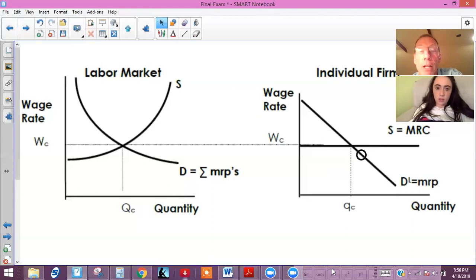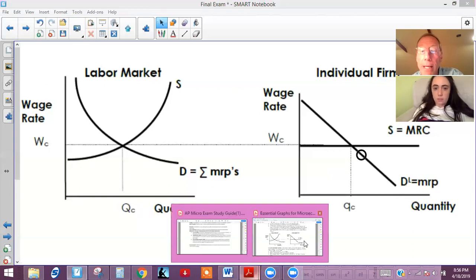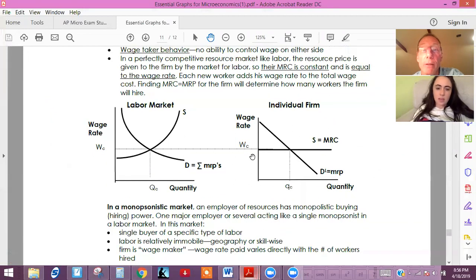And so if you really understand these graphs and understand what's going on, and if you go back to the handout, they're really well explained.